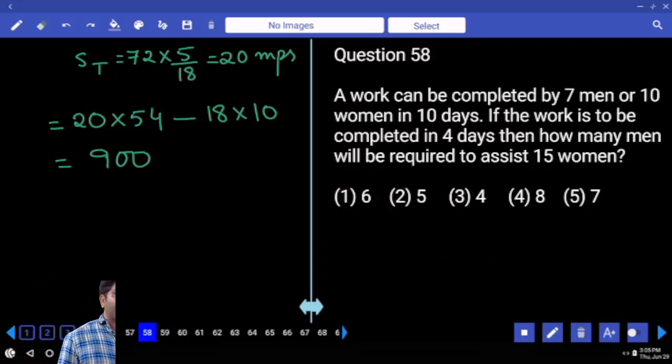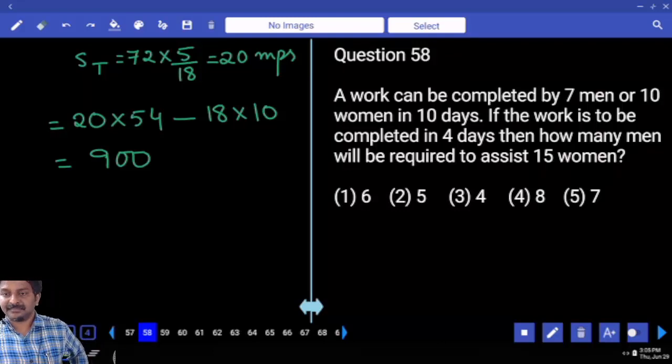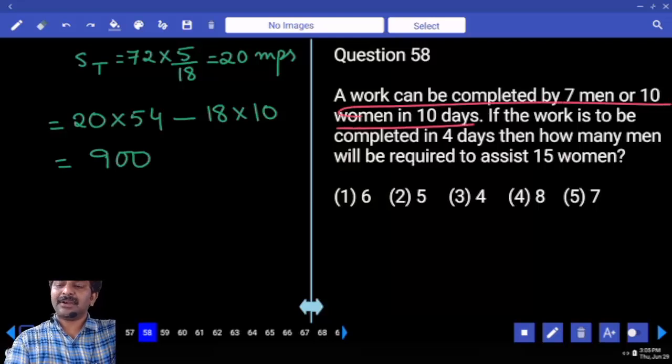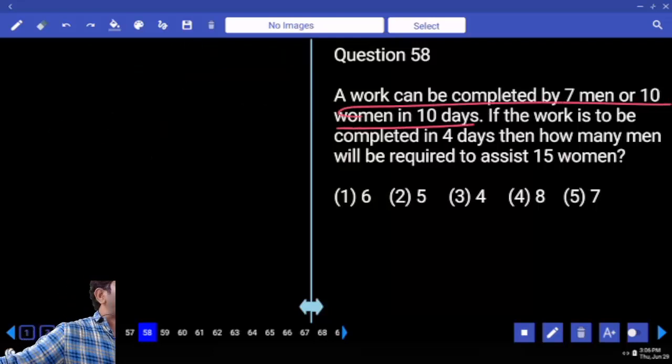A work can be completed by 7 men or 10 women in 10 days. If the work is to be completed in 4 days, then how many men will be required to assist 15 women? From the first statement, what can we conclude? 7 men can complete the work in 10 days, or else 10 women can also complete the work in 10 days.